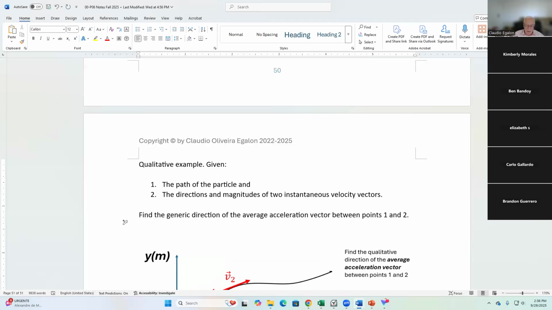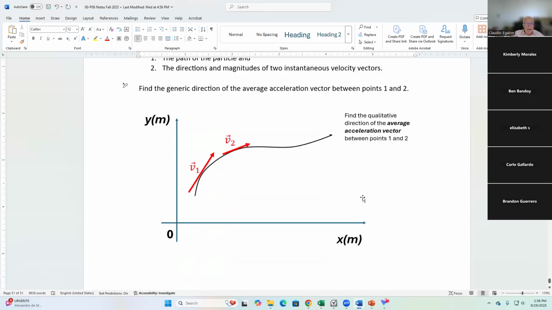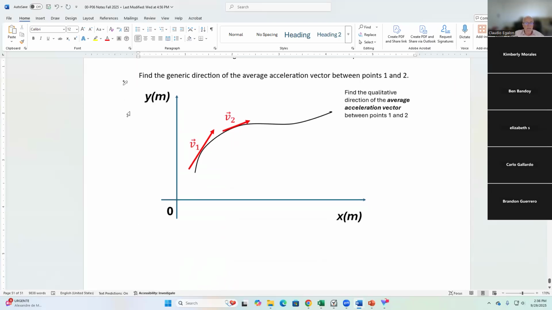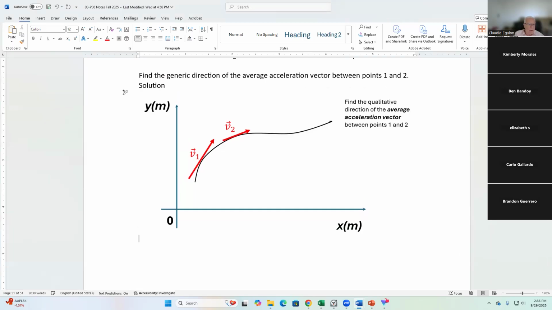So here you go. That's what's given in the problem. I did something similar to that, right? The points that are tangent, one is here, the other one is here. All right. So let's write down the solution, all right?